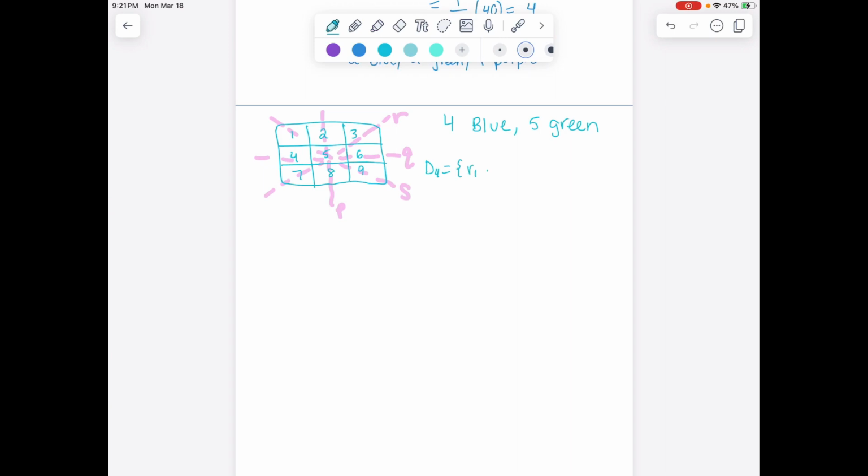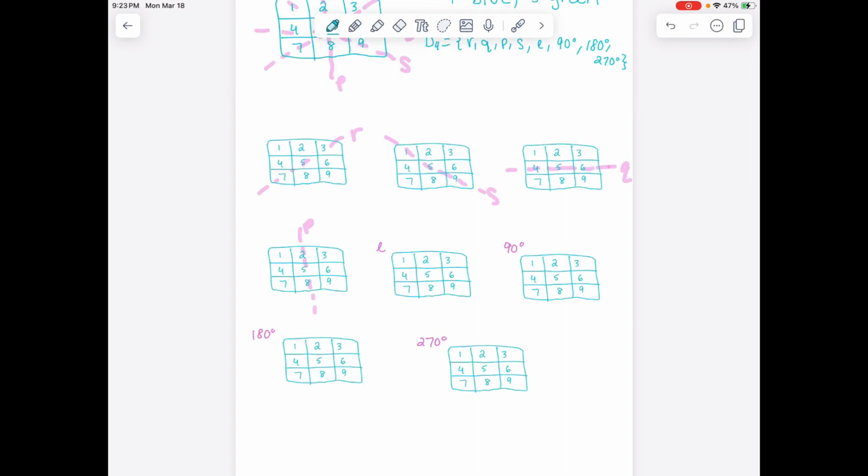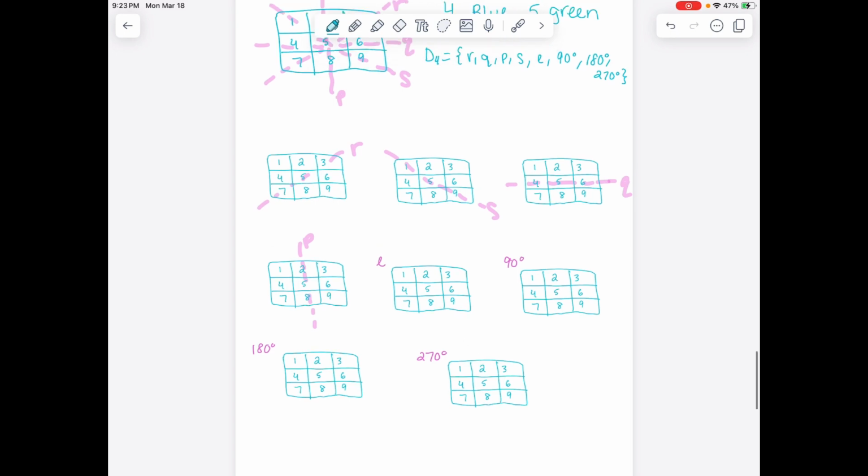So we have reflections across the corresponding diagonals, and then we have rotations: identity, I'll just call it 90, 180, and 270. Like we did before, we'll act on the checkerboard with each symmetry.